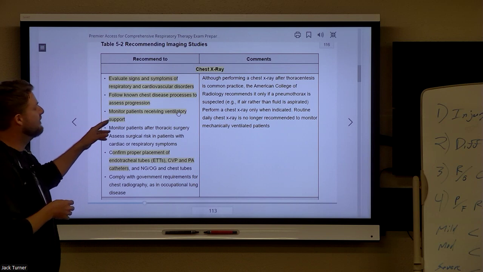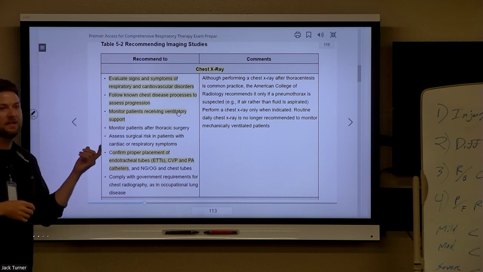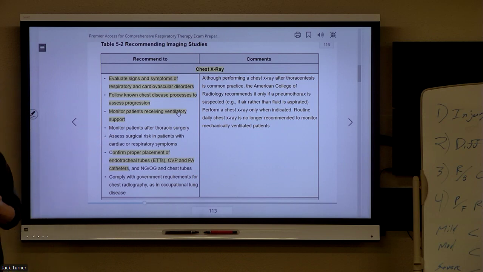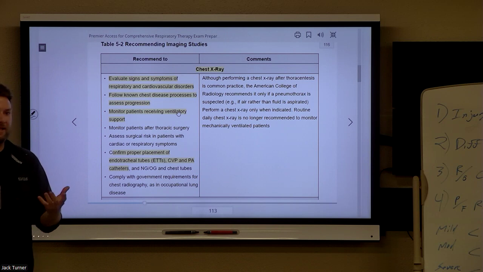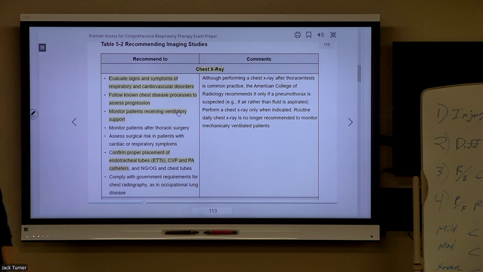We'll do it to monitor our patients who are on vents, or as you guys have seen now at clinical, if you're on the vent, they come and get an x-ray every day, right? Send them up to the board behind them, shoot the x-ray. Every day, we're trying to monitor that because that's part of the weaning process. The chest x-ray has to be getting better in order to wean your patient, or in order to extubate your patient, I should say.